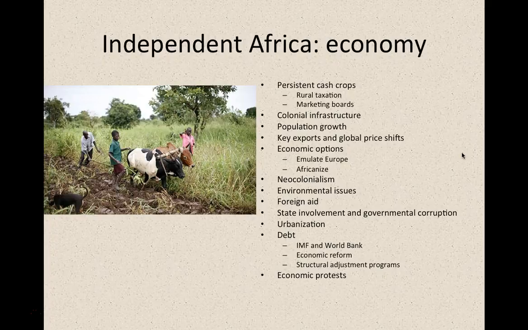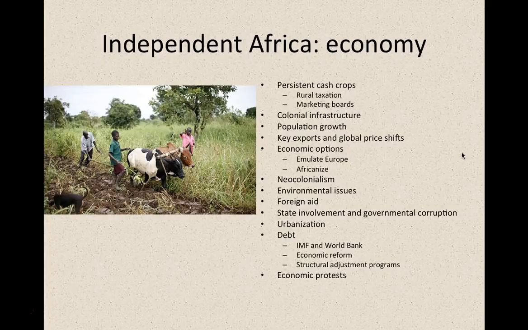But other crops like coffee and sugarcane and cocoa could be grown very well in different parts of Africa. Cloves in Zanzibar. I mean, we could go on and talk about different kinds of crops grown in different places. But these were often very promising sectors of the economy. They were cash crops, though. Rubber is another one, of course, in different parts of Africa.